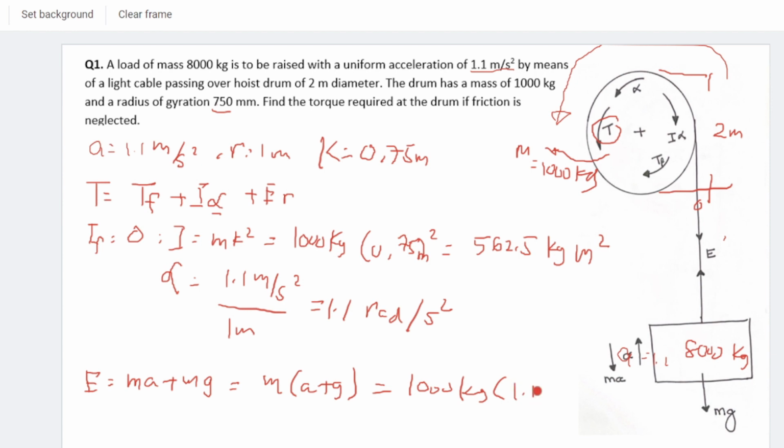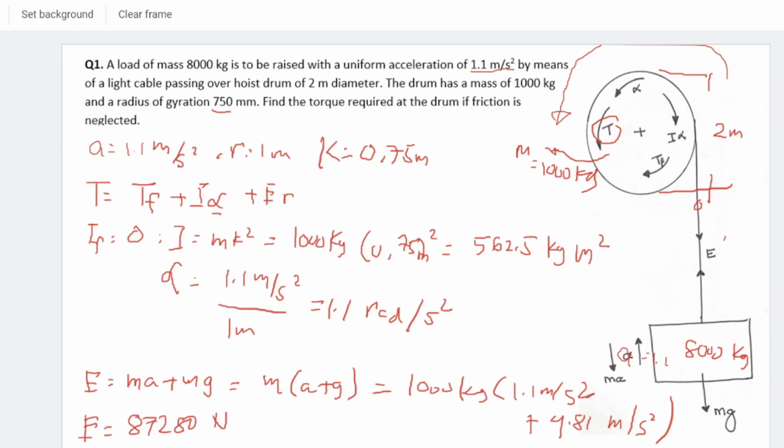Acceleration is 1.1 meter per second squared, plus gravitational acceleration, which is 9.81 meter per second squared. So E here could be computed. What's the value of E? It's 87,280. Now it's Newton. Kilogram and meter per second squared becomes Newton.